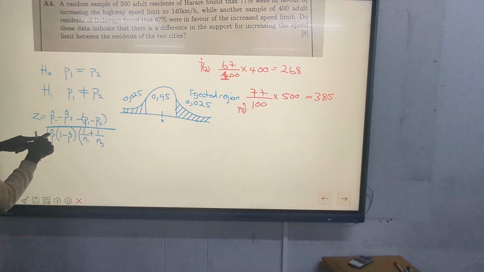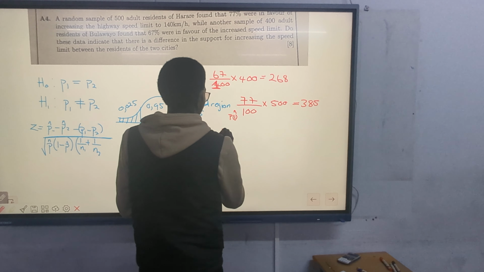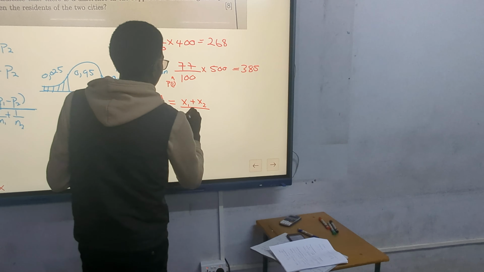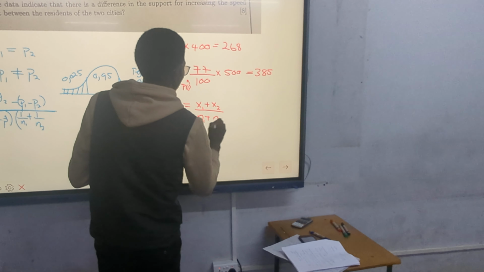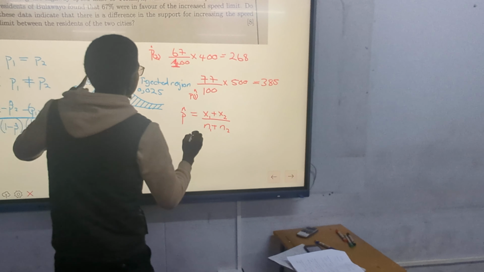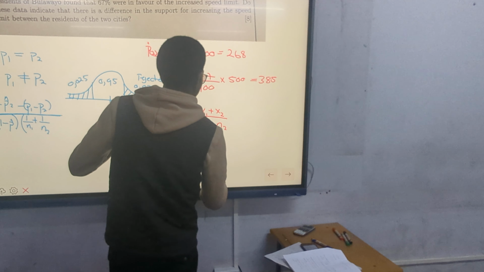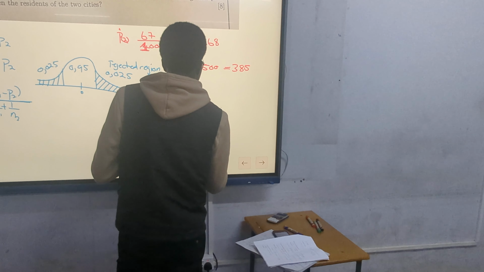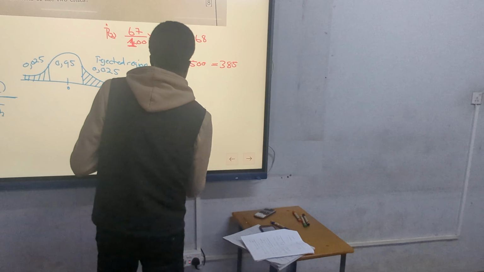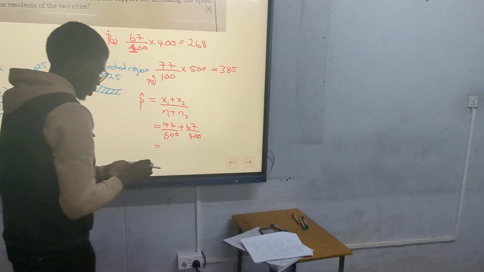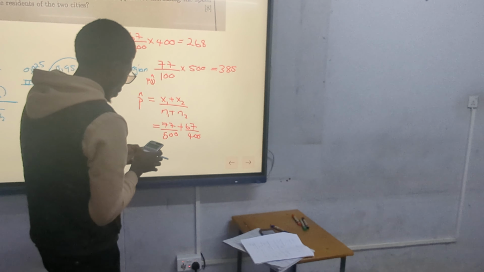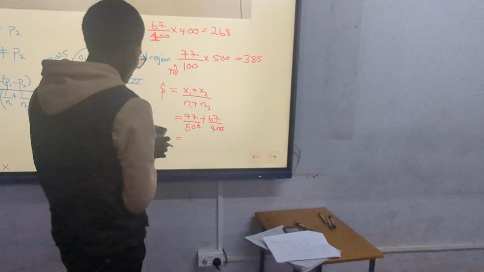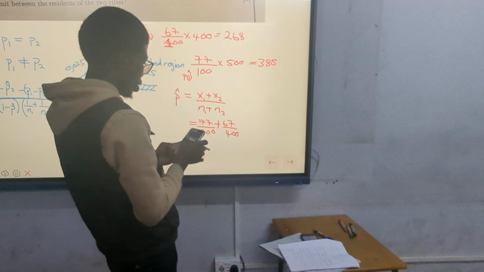Now we want to find that P hat. P hat is equal to x1 plus x2 over n1 plus n2, which is equal to 77 over 500 plus 67 over 400. What do we get?